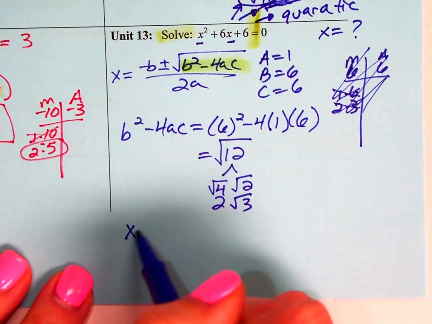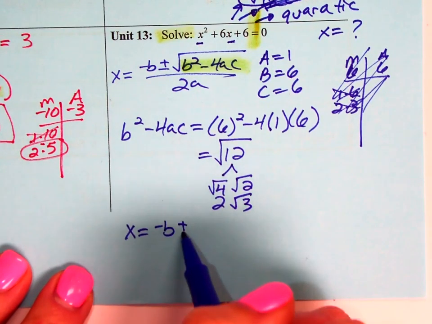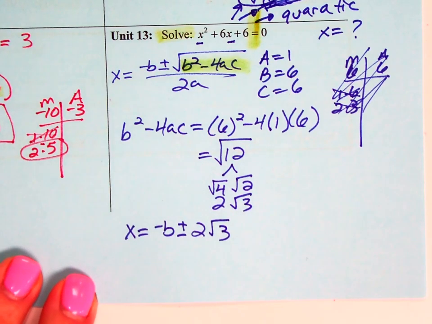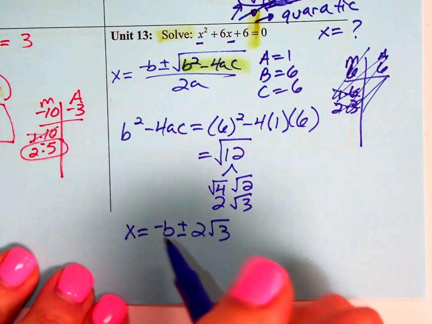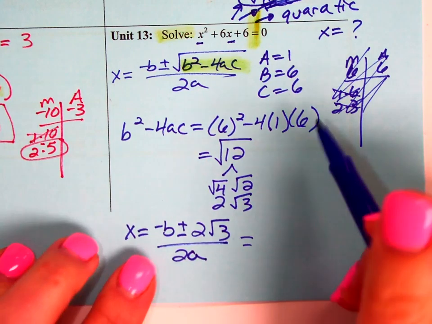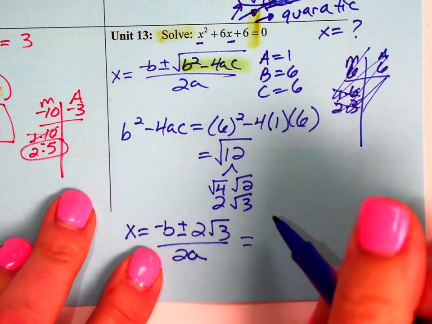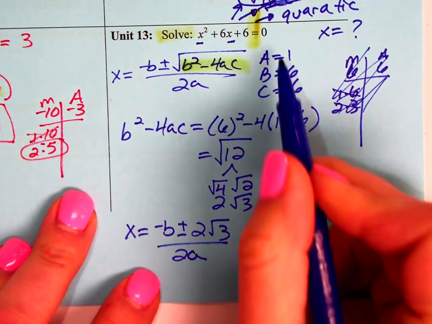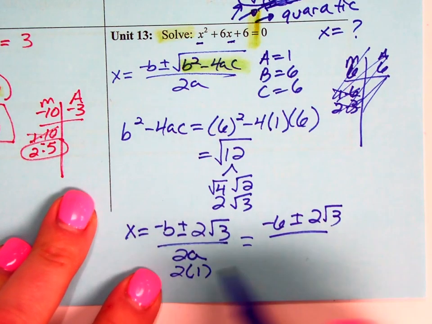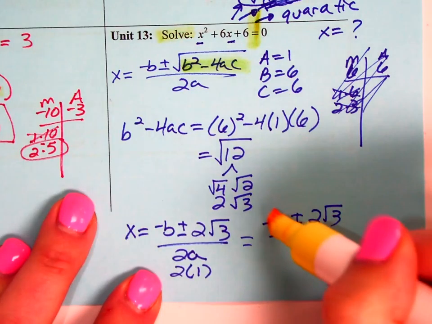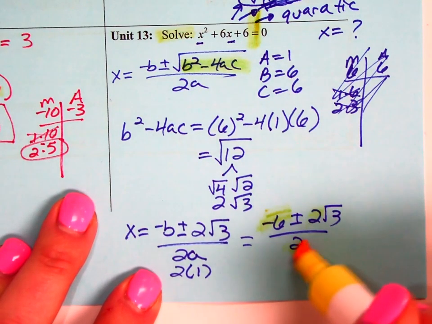So now we're going to do x equals opposite of b plus or minus that thing we just found, which is 2 square root of 3, all over 2 times a. In this case, the opposite of b, well, b is 6, so this would be negative 6 plus or minus 2 square root of 3 over 2 times a, well, a was 1, so this would be 2. And now we need to reduce this by thinking about what number divides into all of the outside numbers evenly.